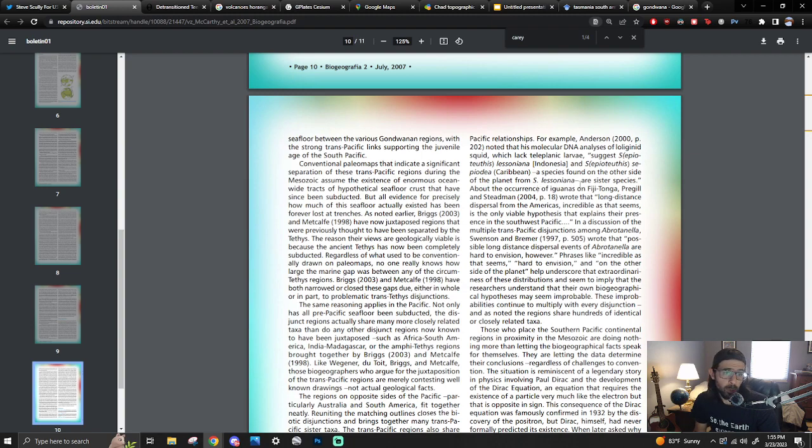About the occurrence of iguanas on Fiji and Tonga, it was written that long-distance dispersal from the Americas, incredible as that seems, is the only viable hypothesis that explains their presence in the Southwest Pacific. In a discussion of multiple trans-Pacific disjunctions among Abrotinella, it was written that possible long-distance dispersal events of Abrotinella are hard to envision, however.